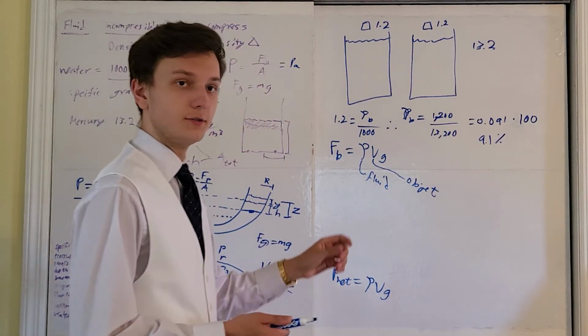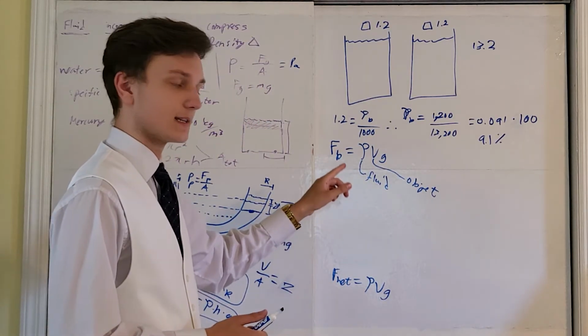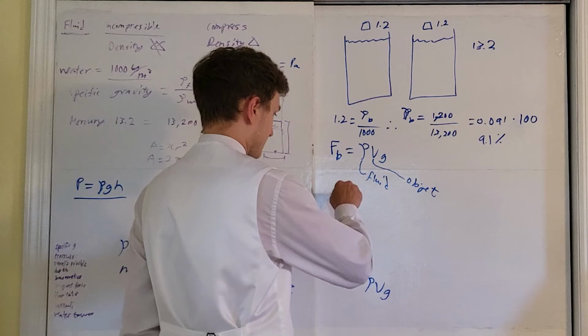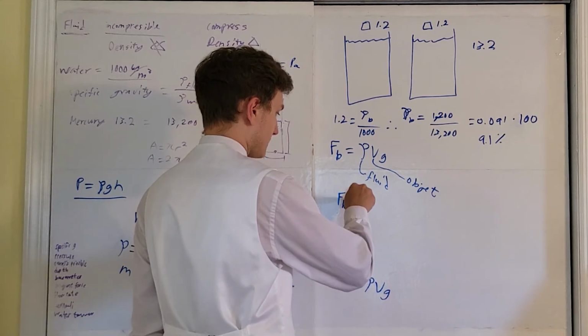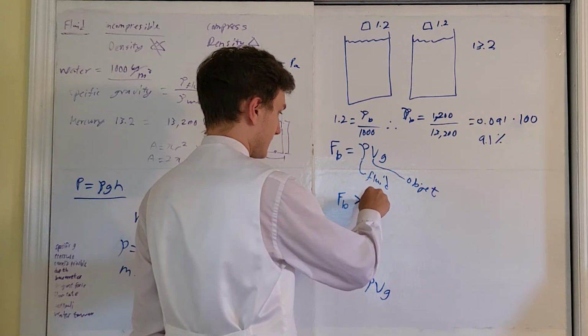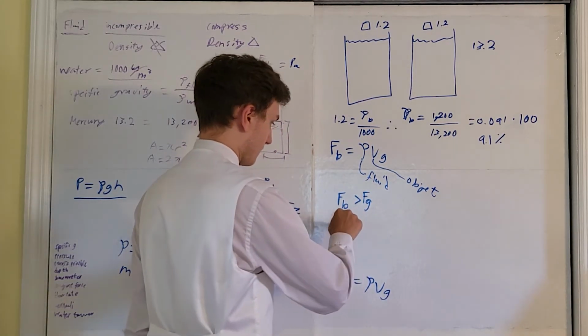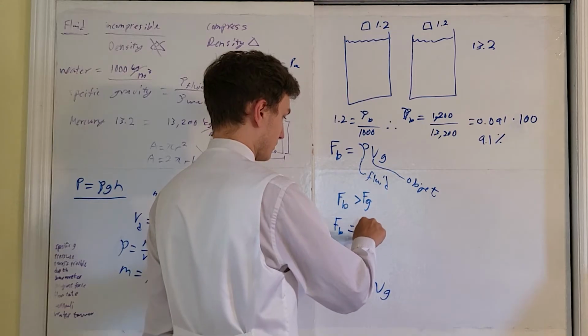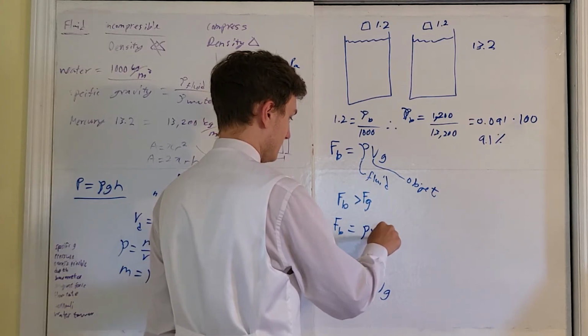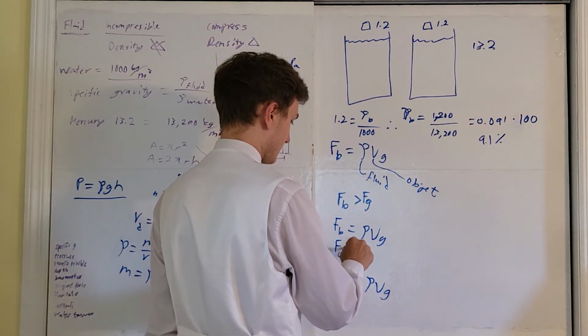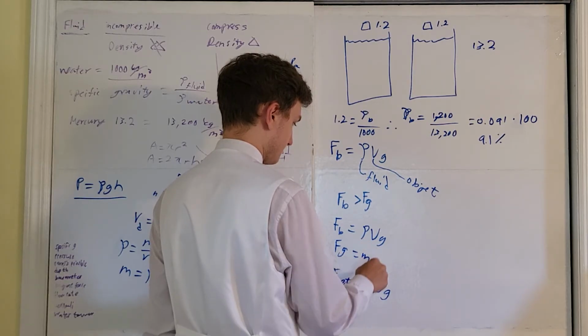So, this is how you determine if something is buoyant. If something is buoyant, then the buoyant force is greater than the gravitational force. Okay? Remember, our buoyant force is equal to rho Vg, and our gravitational force is equal to mg.